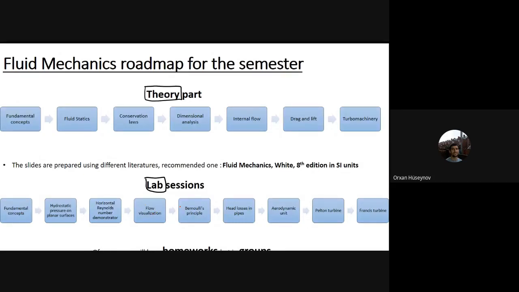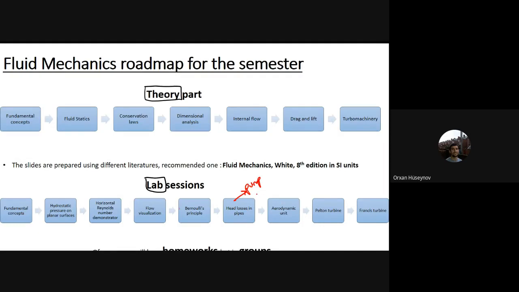And then we will talk about Bernoulli's principle, the famous principle that you know from high school, and head losses in pipeline systems. This is also important, because at the end, you will have to buy some pump, and as a result of knowing the losses of the pipeline system, you can know how much pump power is required to deliver the fluid from one location to another.